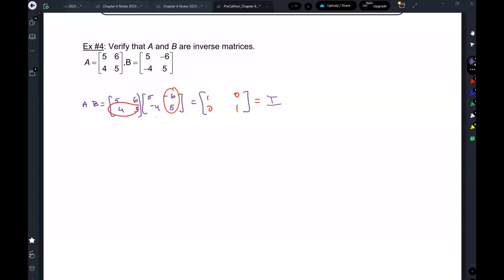So this is row 2, column 2, right? This is the position, row 2, column 2 in this matrix, right? Does everybody agree with that? Well, row 1, row 2. So this is row 2. Column 1, column 2. This is column 2.